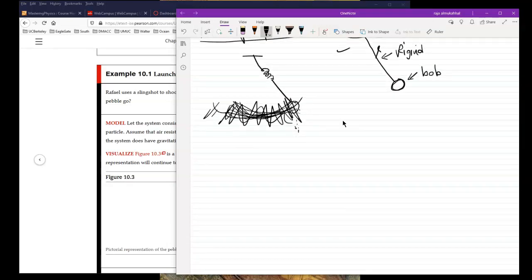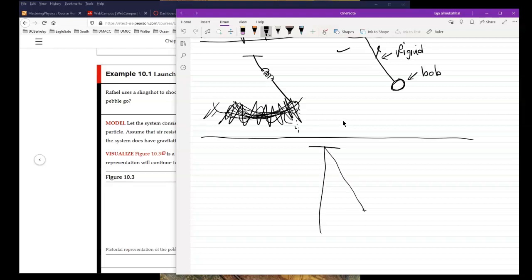So let's say I have a simple pendulum, and let's say here's the pendulum. I'll try my best to draw it. Let's say it's swinging like that.